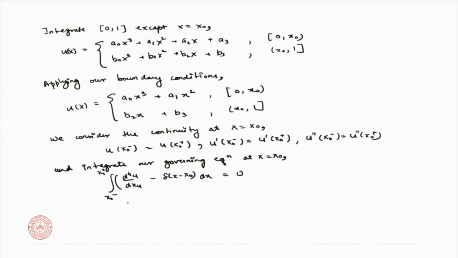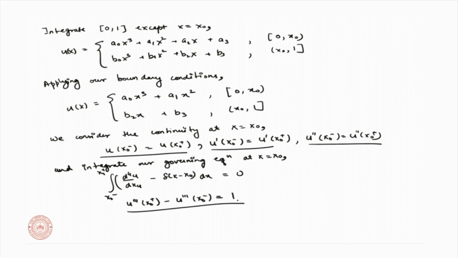We will get that u triple prime of x naught plus minus u triple prime of x naught minus is equal to 1. Okay. So, now we have 1, 2, 3 and 4 conditions that are available. So, with these 4 conditions, we can then substitute these 4 conditions.